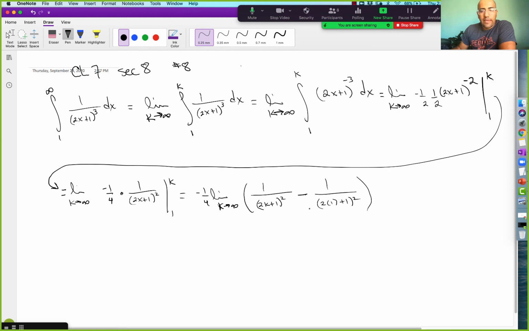Well, k isn't going to affect the second term at all, so that's equivalent to negative 1/4 times the limit as k goes to infinity of 1 over (2k plus 1) squared, minus, and 2 plus 1 is 3, so that's going to be 1/9.